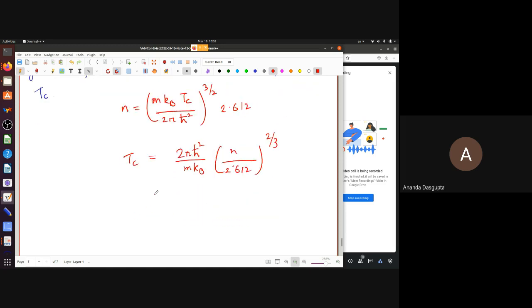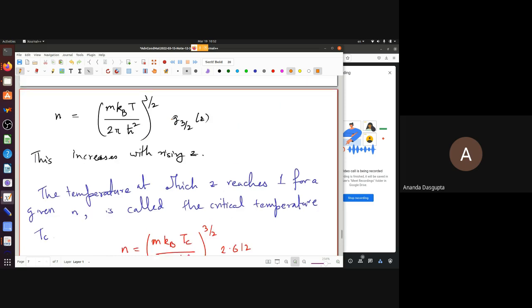Now, the question really is the following: what happens when T falls below Tc? Now, why is that a question? Because apparently, when T falls below Tc, this is the formula for n, and this factor should be more than 2.612 to be able to give you the number of particles which are there in your system. But this number, as we have already seen, can never exceed 2.612.